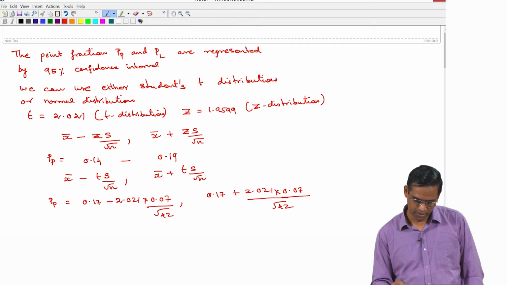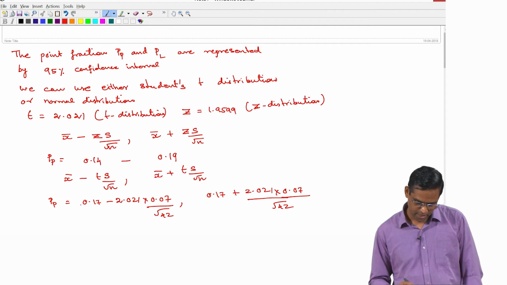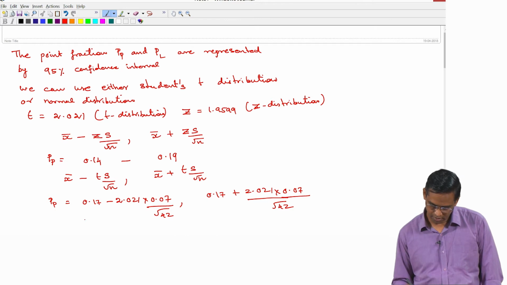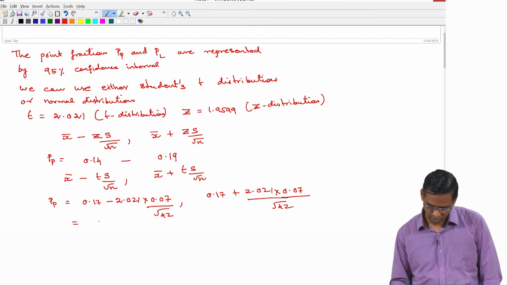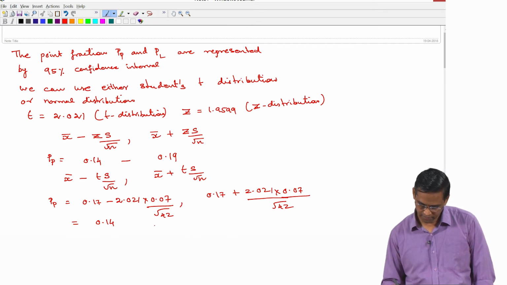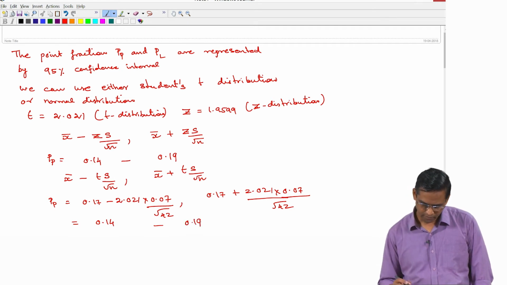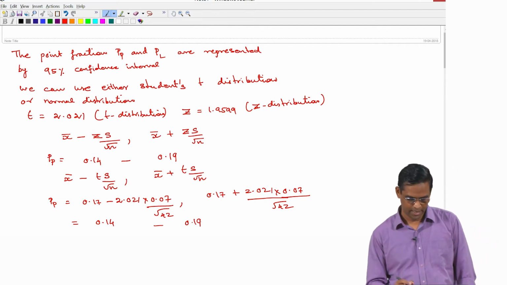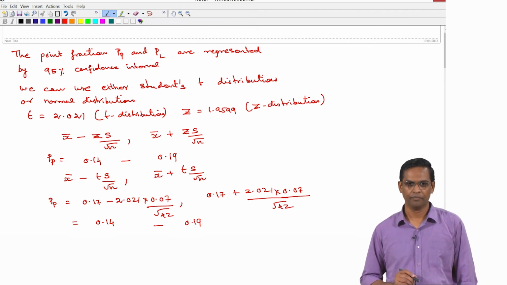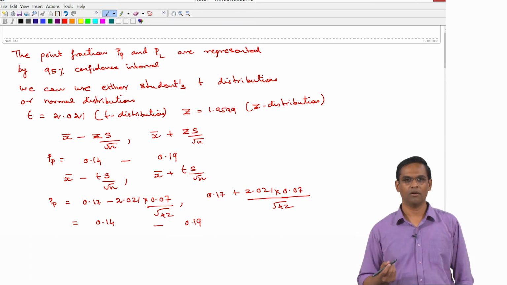I have simply taken these two interval values, the lower limit and the higher limit, and for this Z distribution, this is what we will get. The value would be 0.14 and here it is 0.19. If you look at these values for the T distribution as well as the Z distribution, there is no difference here, that is what you have to appreciate.